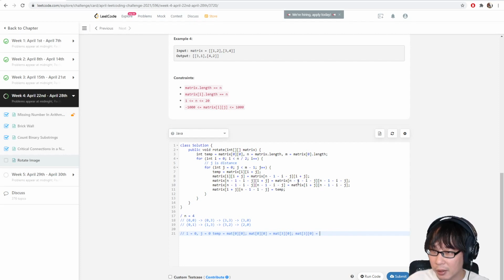And this one is 3 minus 0, and this is 3, and then we have matrix[3][3] equals matrix[0][3].